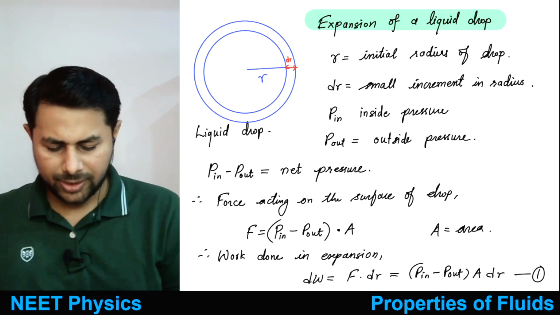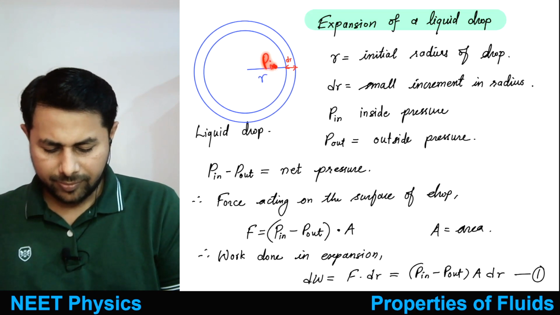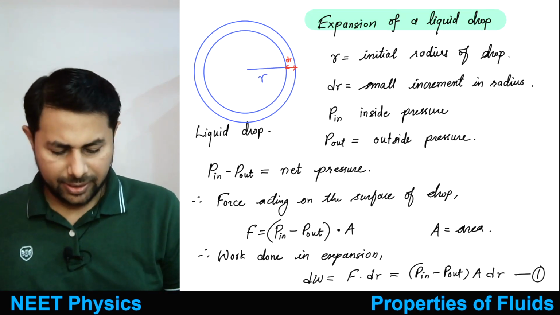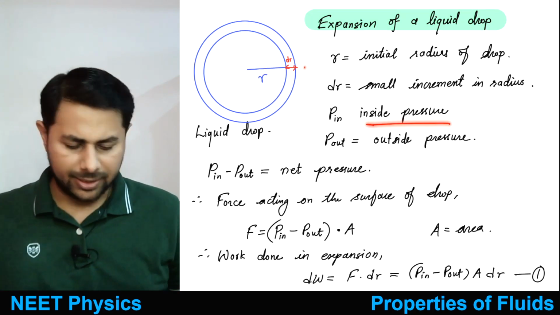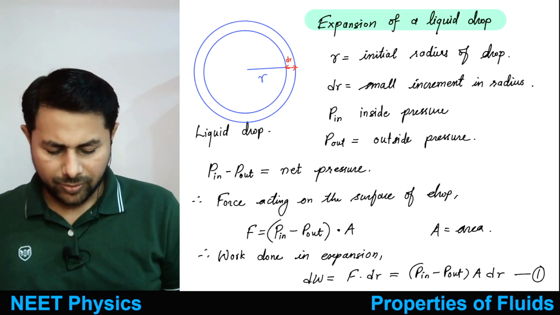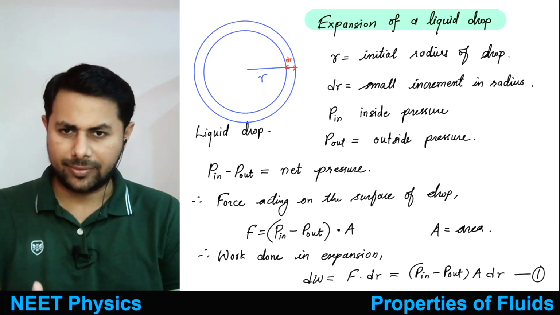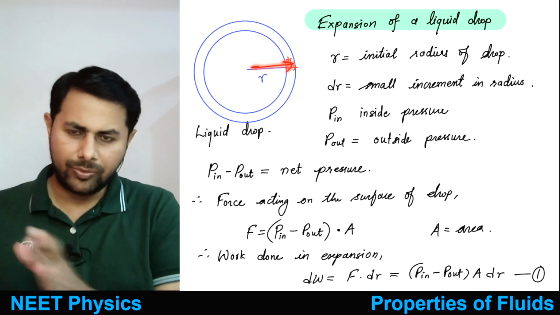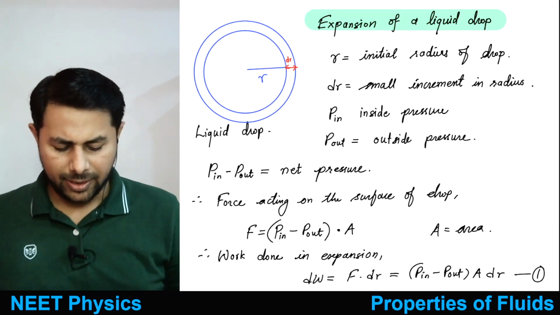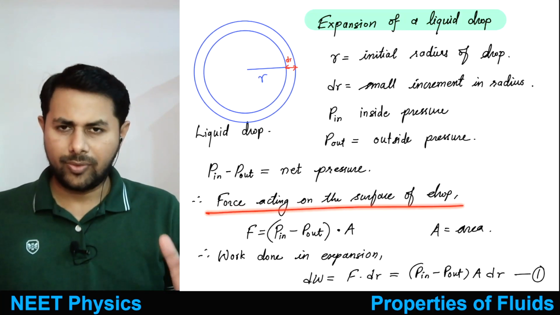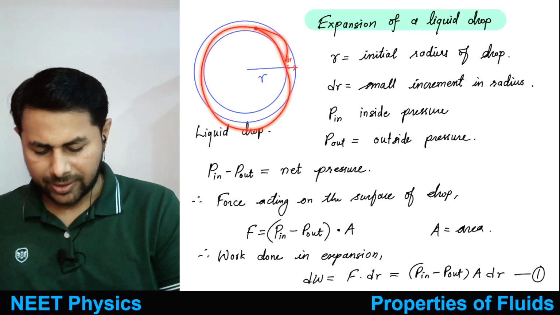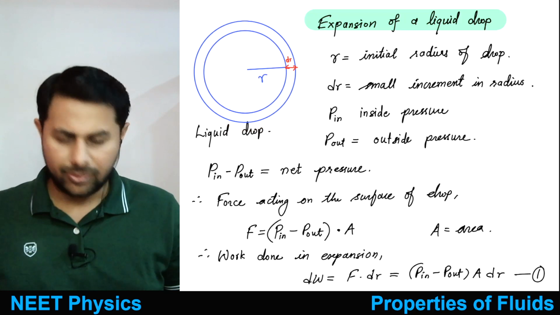So suppose this is a liquid drop, and there is some pressure inside, that is P in, the inside pressure, and there is the outside pressure. Now what would be the net pressure? That is pressure inside minus pressure outside, so that is the net outwards pressure, right? Therefore the force acting on this free surface would be equal to what?